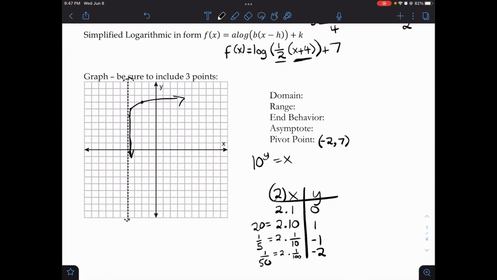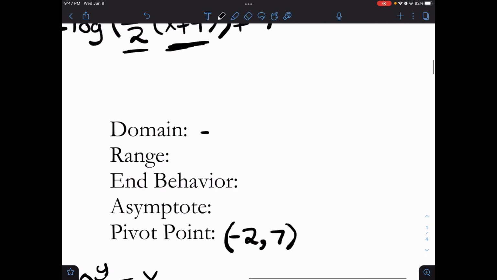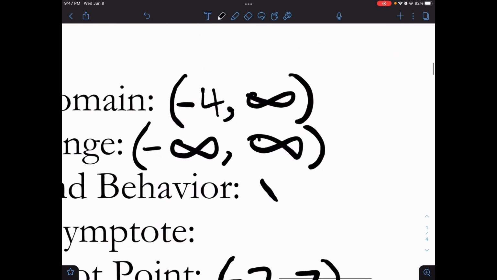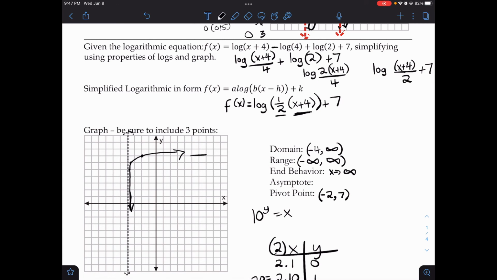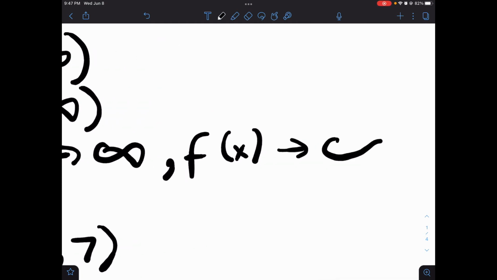There we go. Now our domain is not all real numbers, but it starts from our asymptote, which is at -4, and goes all the way to infinity. Our range is all real numbers, so -infinity to positive infinity. Our end behavior is as x reaches infinity, y, or f of x, reaches infinity as well.